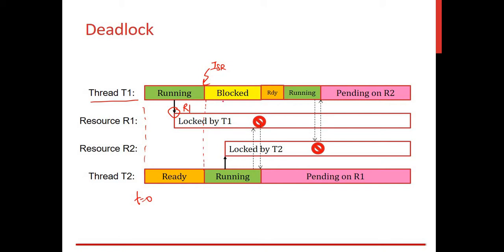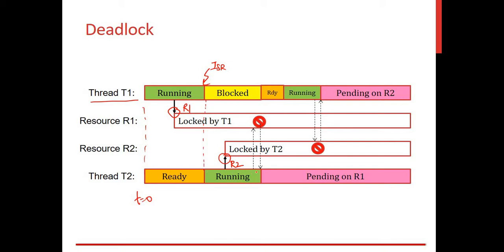Because T1 was blocked, the OS switches over to task 2. Task 2 is running, and it has a chance to acquire another resource, R2. So at this point, it acquires resource R2.